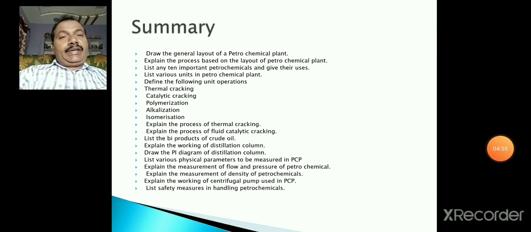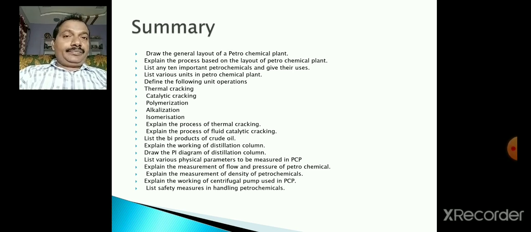So we have seen the mitigation process, how to mitigate dangerous hazardous situations, so that the operation of the petrochemical plant should not be disturbed.